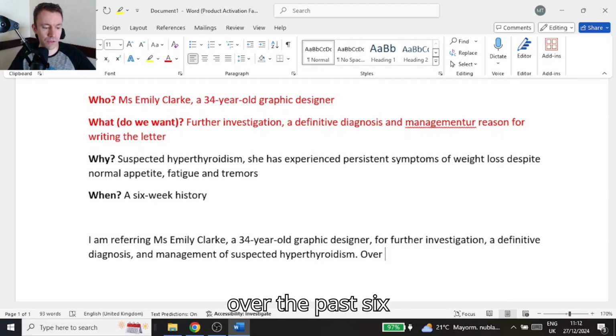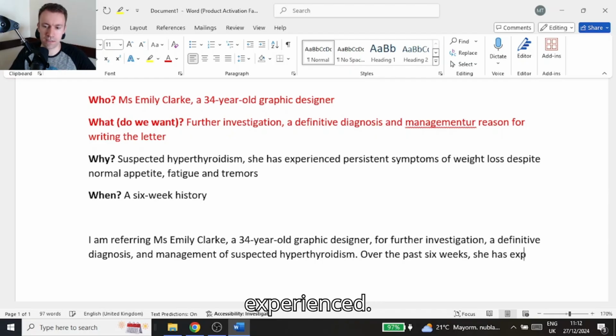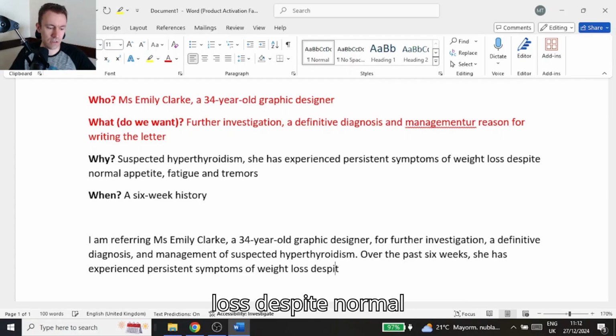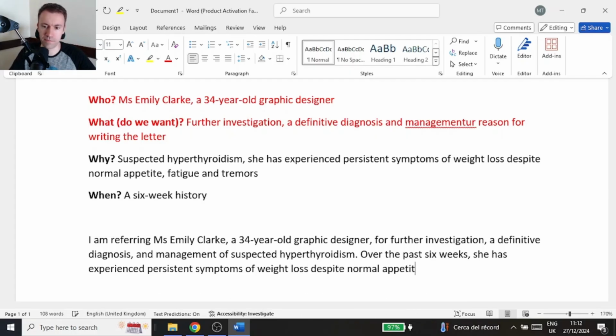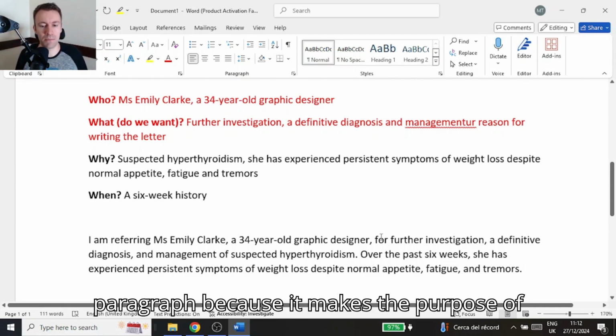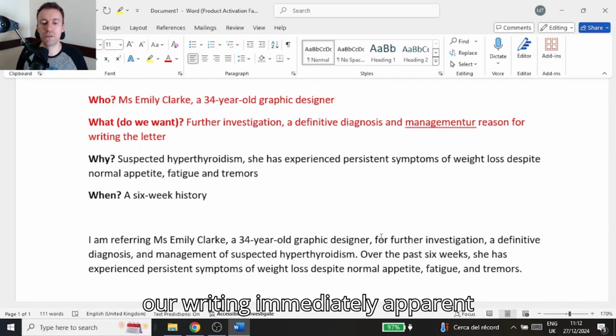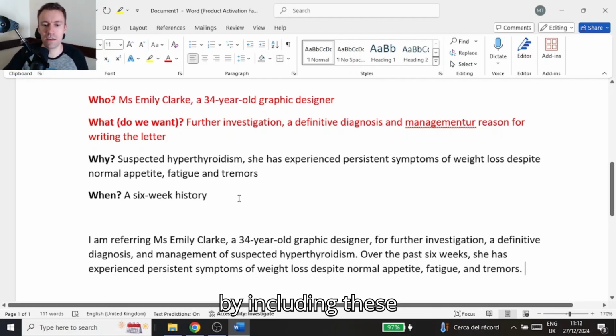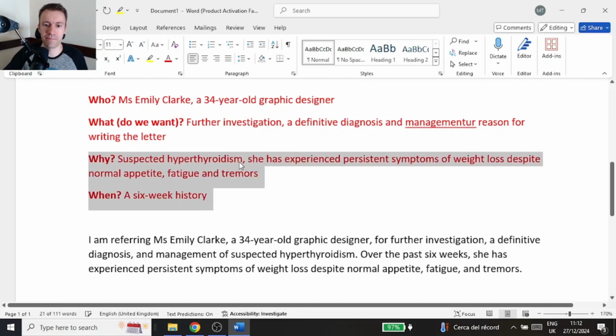We put in over the past 6 weeks, she has experienced persistent symptoms of weight loss despite normal appetite, fatigue, and tremors. That then is a perfect opening paragraph because it makes the purpose of our writing immediately apparent by including these 4 W's.